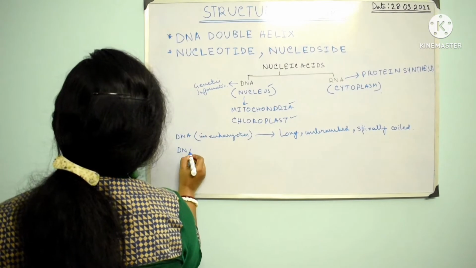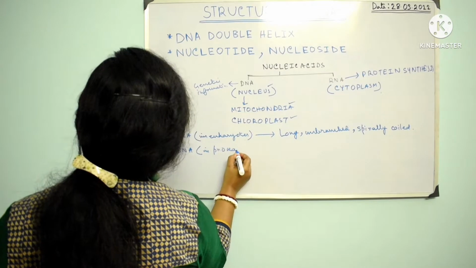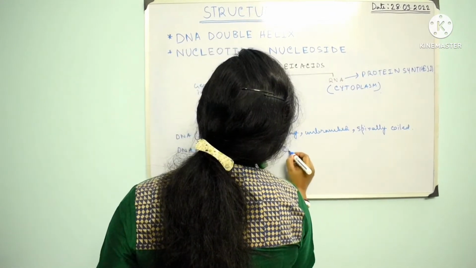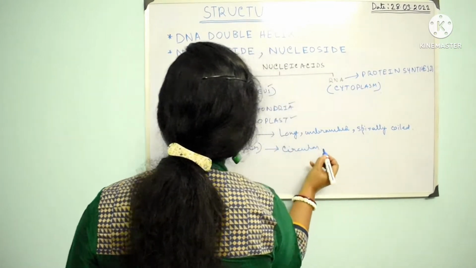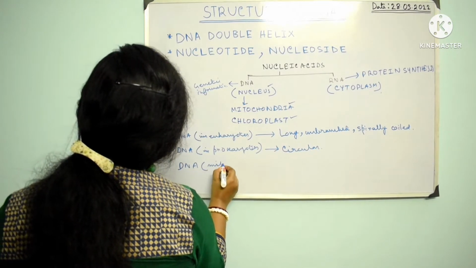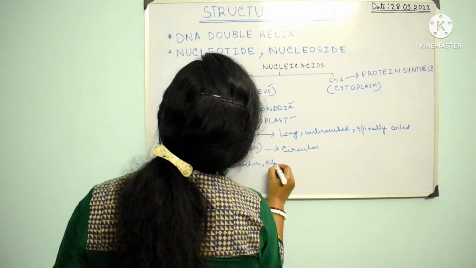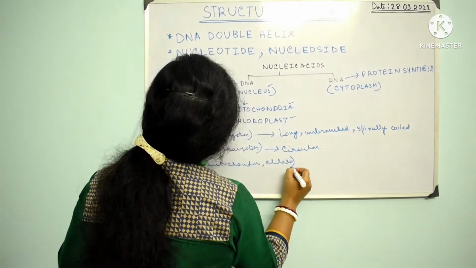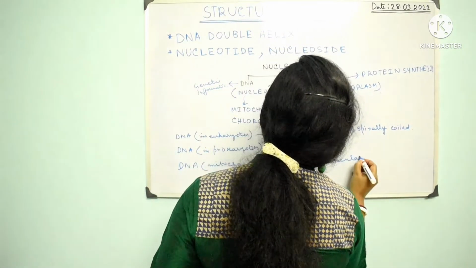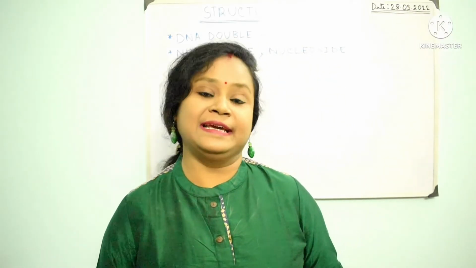DNA, when present in prokaryotes, is circular. And DNA, when present in mitochondria and chloroplast, is also circular. So, let's concentrate on the structure of DNA.